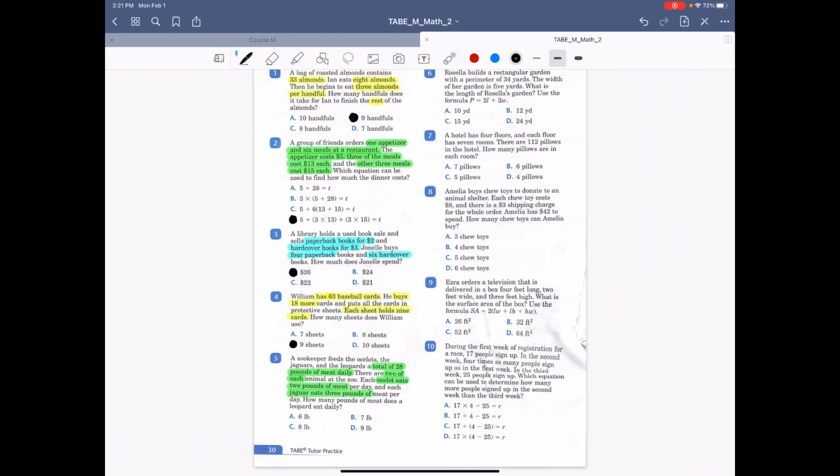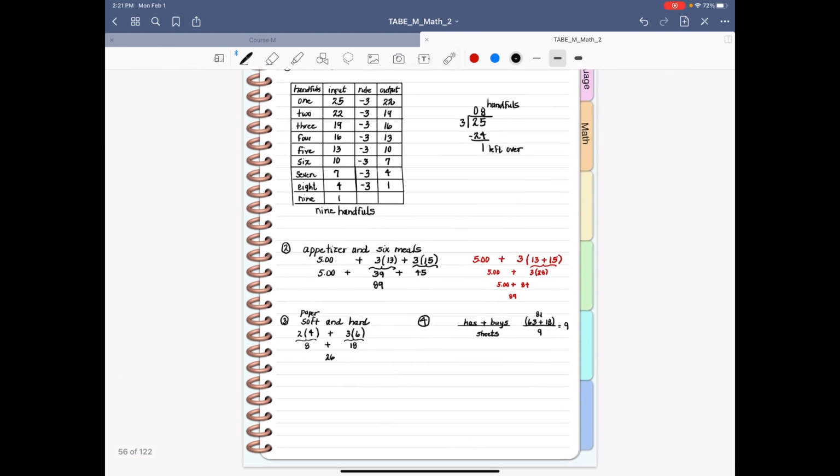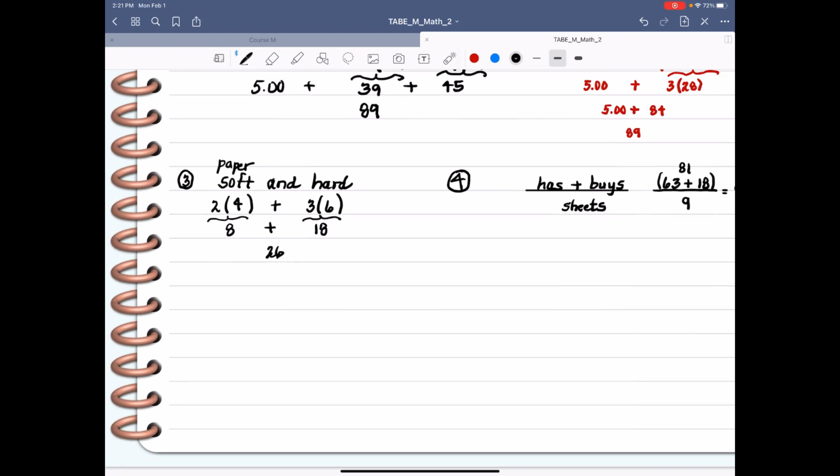Okay, this one's gonna take some work. I always start with bare bones. So we have 3 kinds of cats. We have the ocelots and the jaguars and what was the leopard?